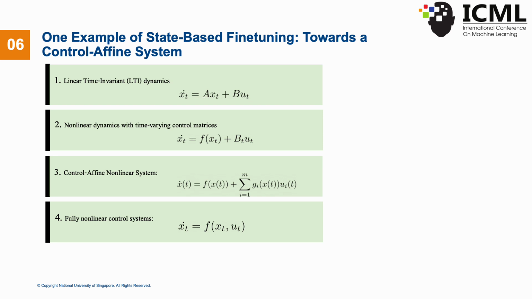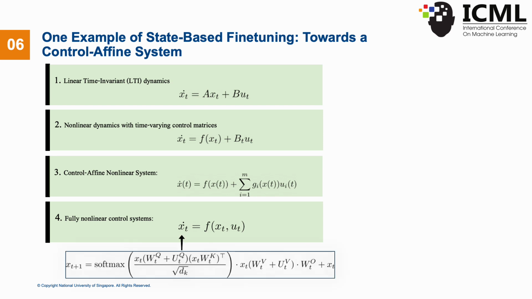A more widely used form is the control affine system. For example, what I show here is the typical control affine system. Finally, we have the fully nonlinear control system. Interestingly, LoRA and many PEFT algorithms actually fall into the last category. So here I plot the formulation for the LoRA algorithm where we are tuning the Q and the V block.